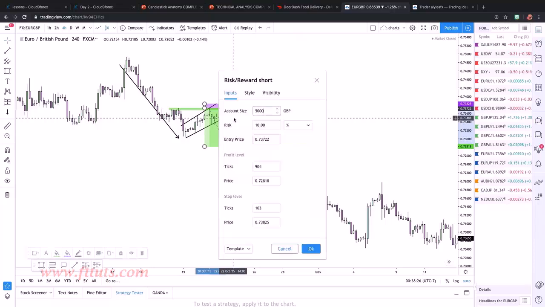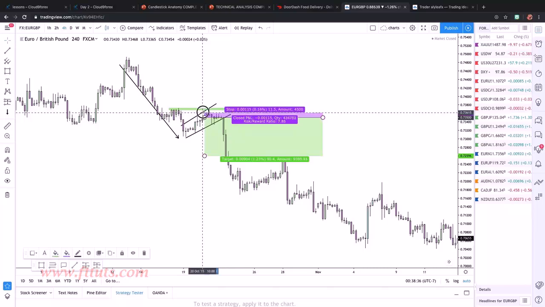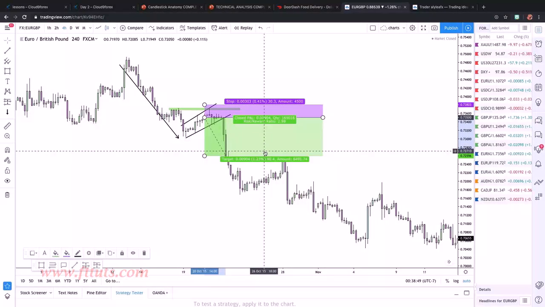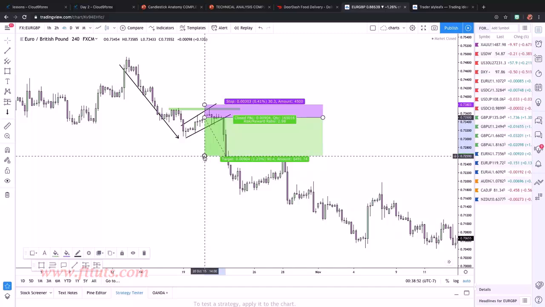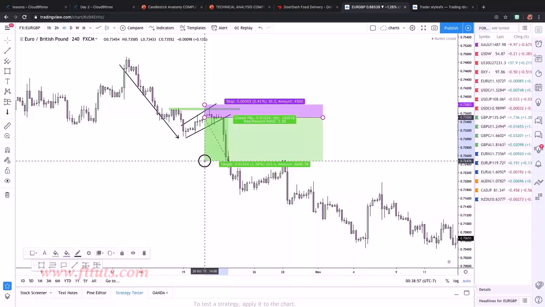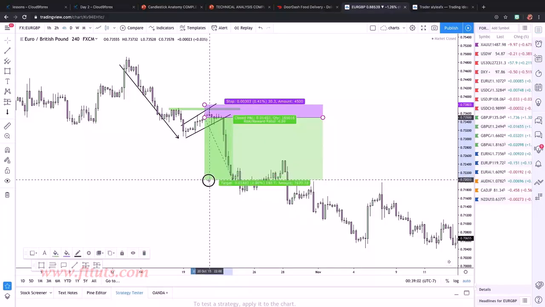Like this is 10 pips, but you can move it to 20 if you really wanted to. So there we go. So we'll actually make it 20 or 30 just in case, because our entry is a bit lower. And then our target.